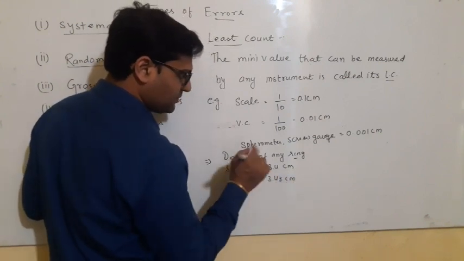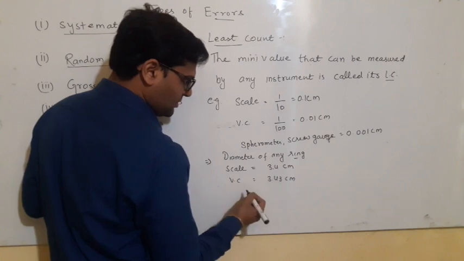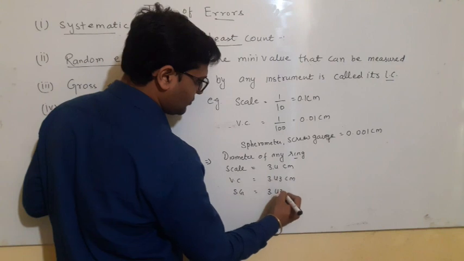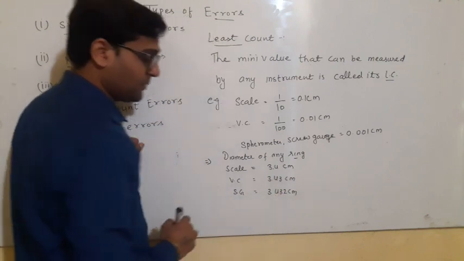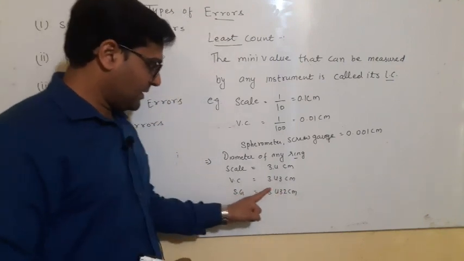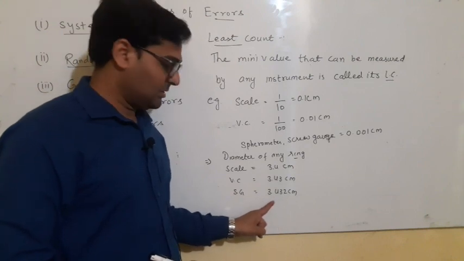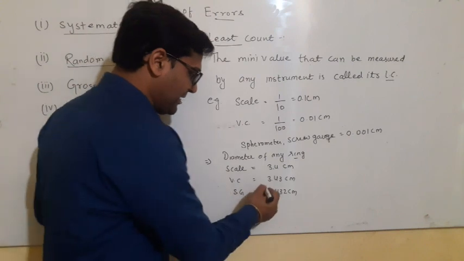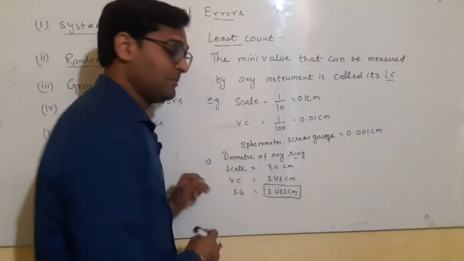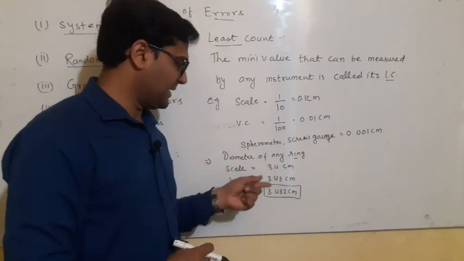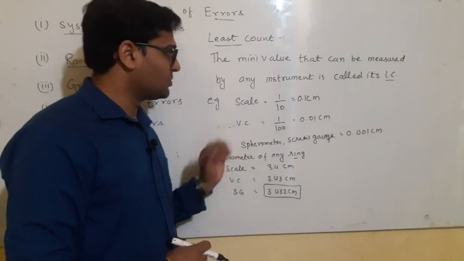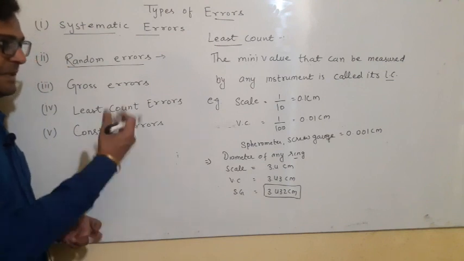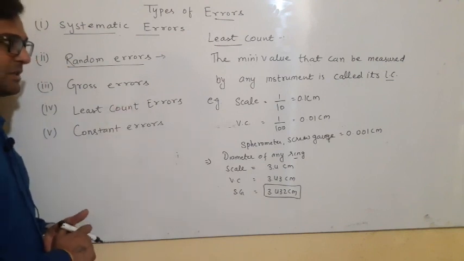And with the help of screw gauge, I found it 3.432 centimeter. So this has a larger number of significant digits, so this measurement will be more precise as compared to these two. So these are some least count errors. It depends on the instrument and its least count.